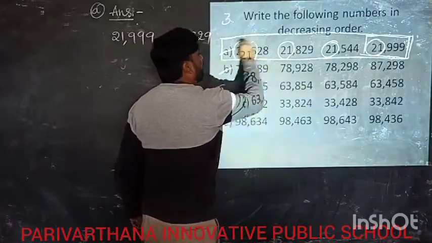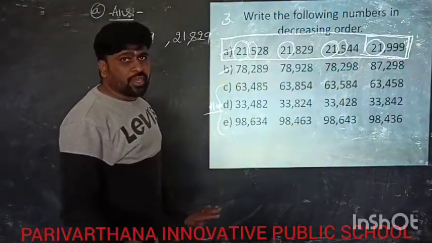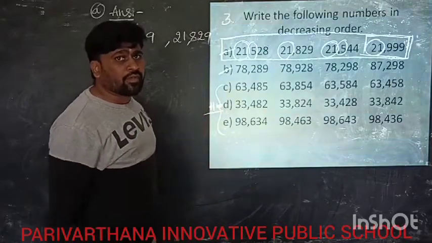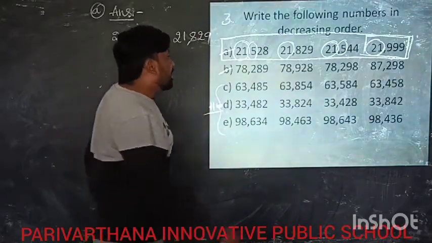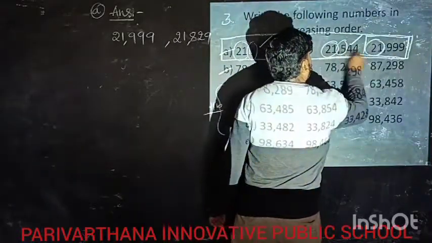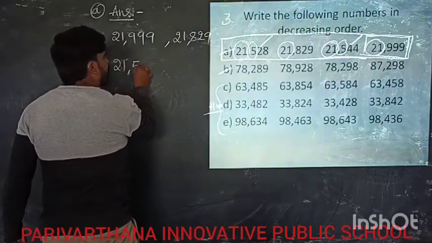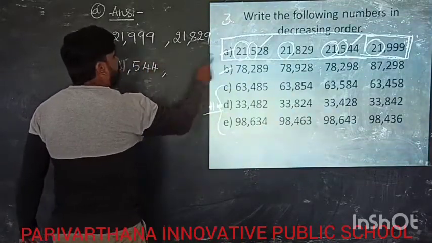Here 100 place 5, 100 place 5. Okay na? Same. We cannot find out which is the small number and which one is the big number. Here the 10 place is 2. Here the 10 place is 4. Therefore this is the big number. Therefore 21,544.